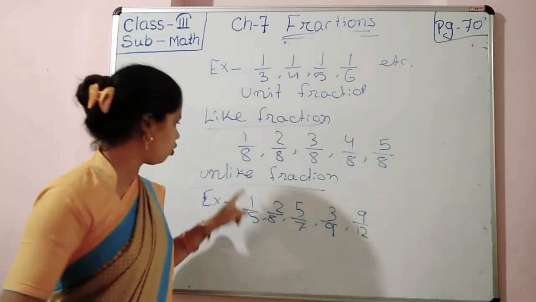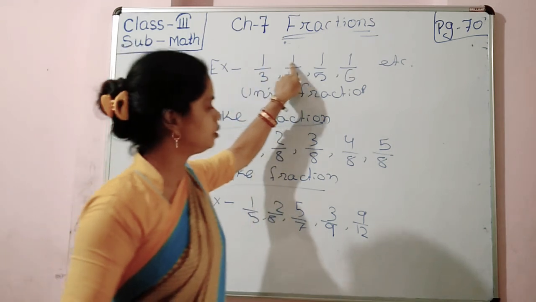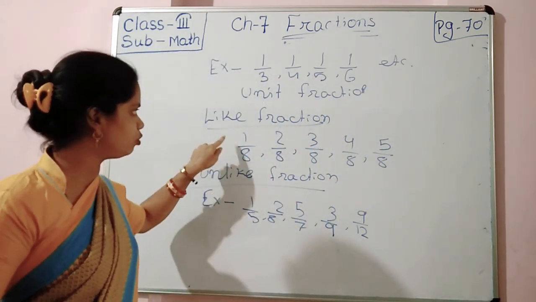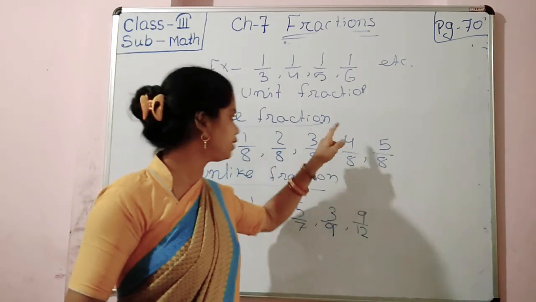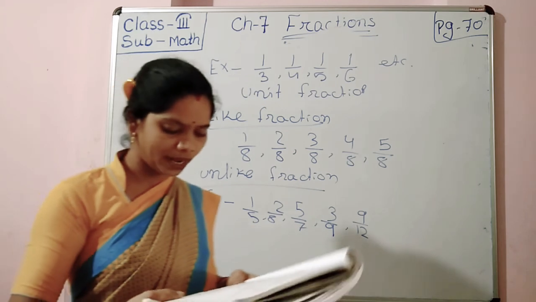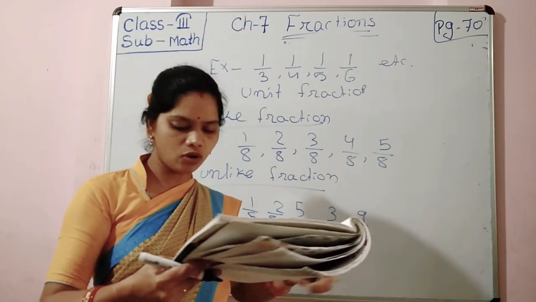These are unlike fractions. Unit fraction is where the numerator is 1. Like fraction is where the denominators are the same. And unlike fraction is where the denominators are different.